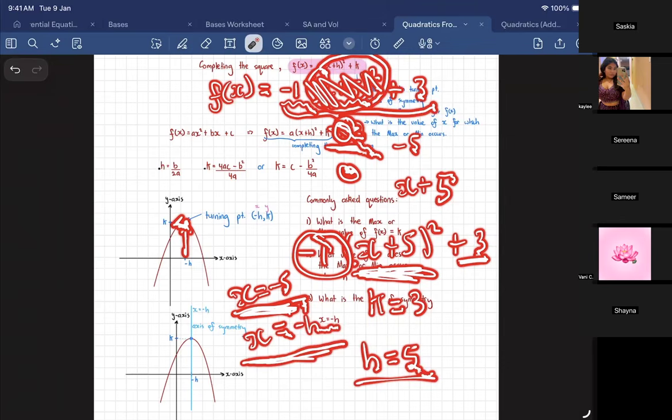I'm saying x is equal to -5, and h is equal to 5. So write what x is in terms of h. See if you can do that.